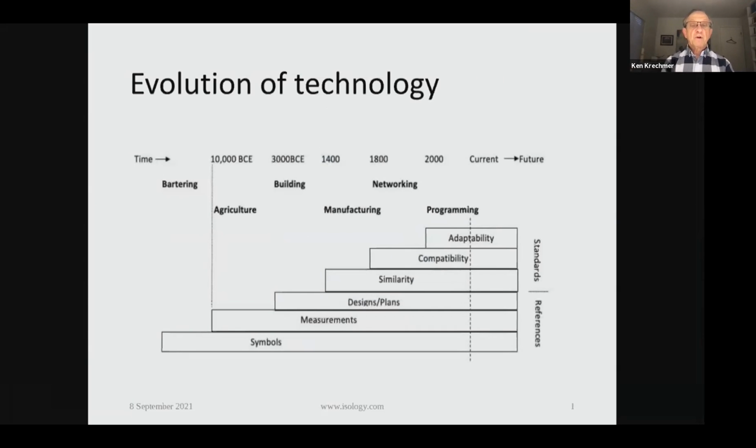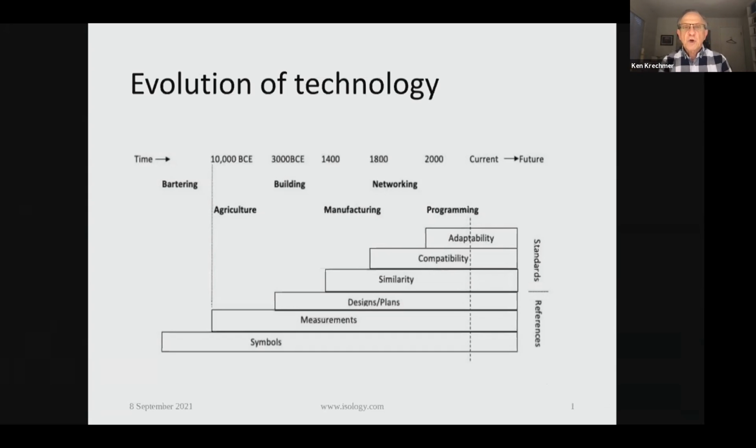Okay. Evolution of technology. This is a different way of looking at technology than I suspect any in the audience have experienced before. But let me just say that we can look at history in a myriad of ways: the wars, the governments, the political systems, the social systems, et cetera, and I'm proposing a way of looking at history based on technology, and in particular, the standardization of technology.